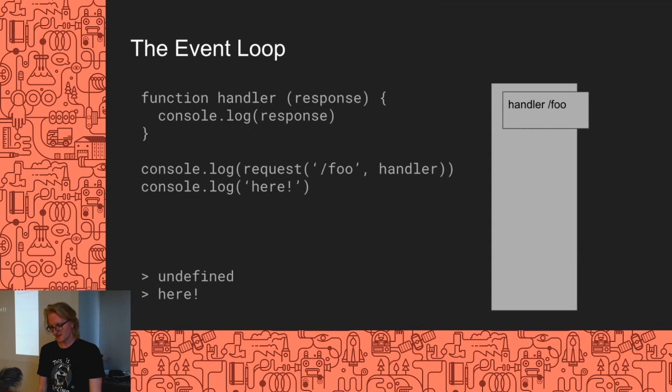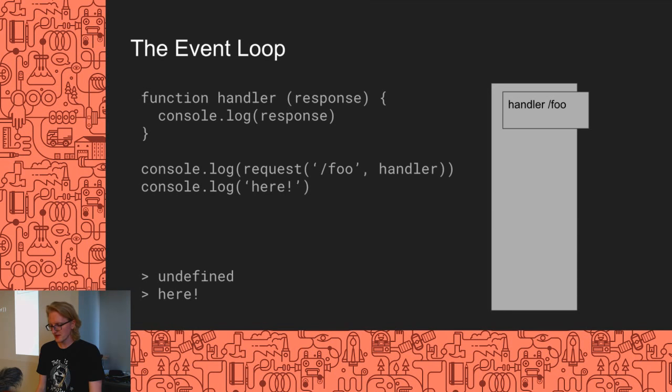So here's where we get into the asynchronicity of JavaScript. Whenever we call a function, it queues up a task to handle for that event when it comes back, but still returns immediately.